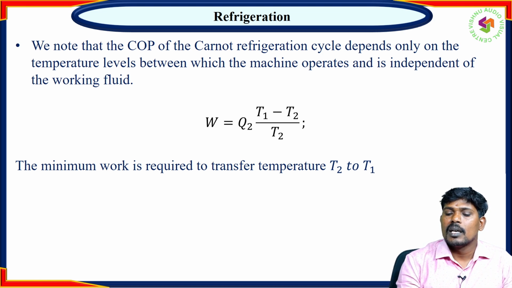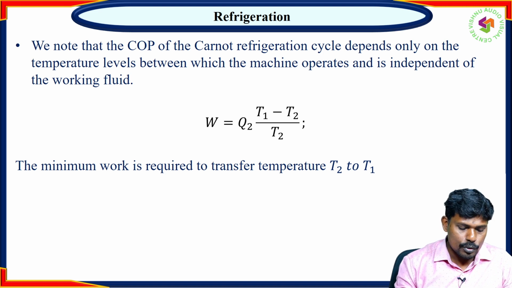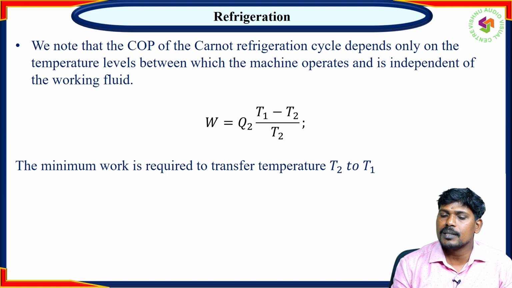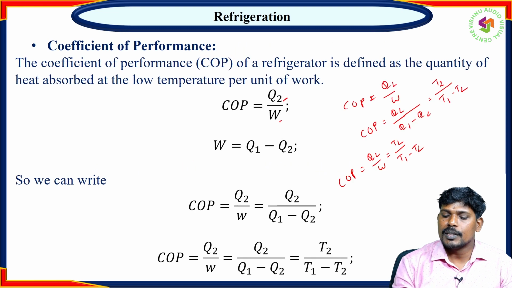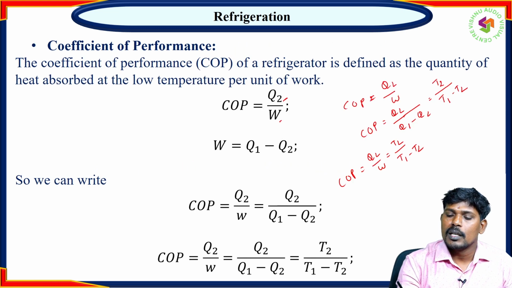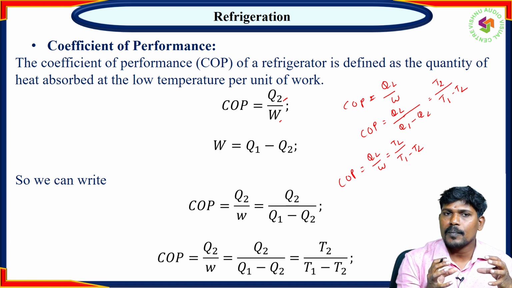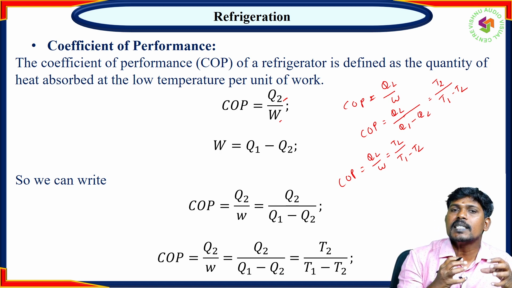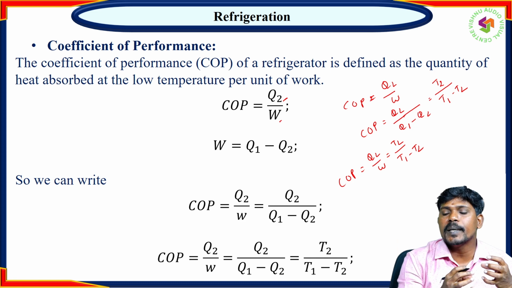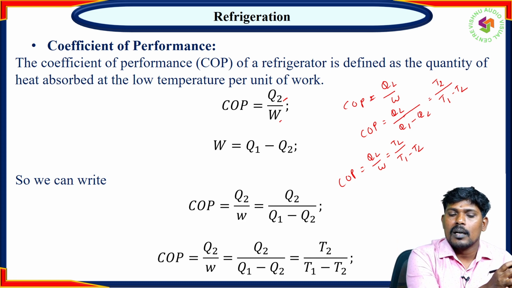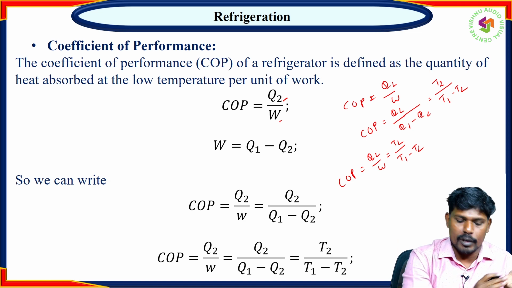This is the amount of work you need to do in terms of temperatures, and this is the coefficient of performance. What is the performance of that refrigerator? It depends on the heat absorption at low temperature by the amount of work.